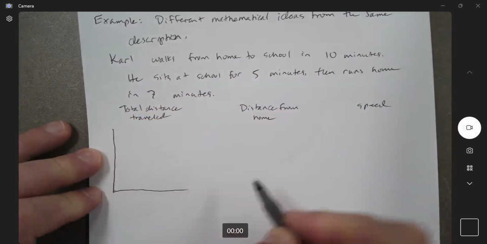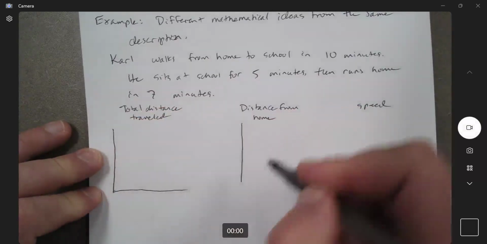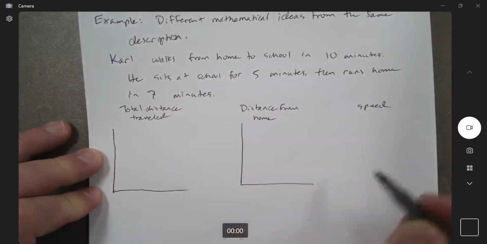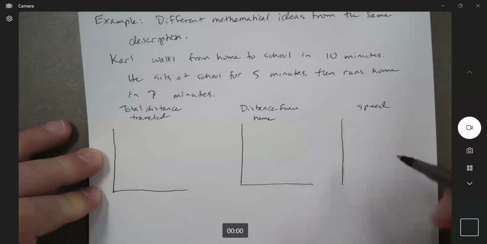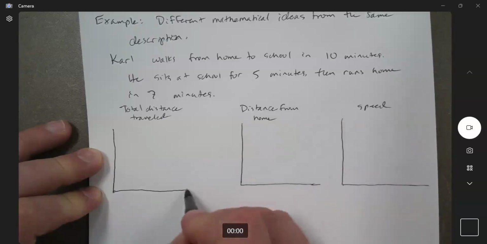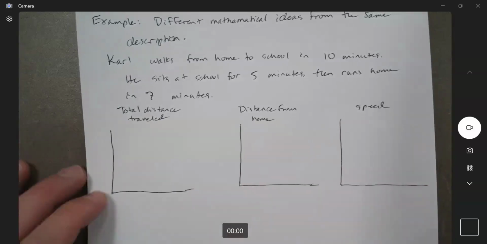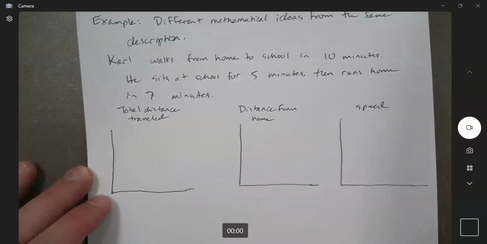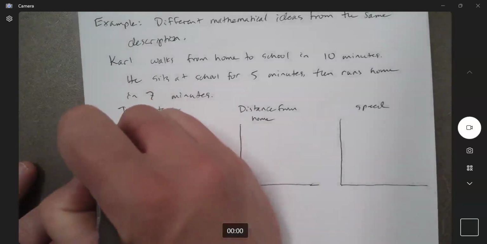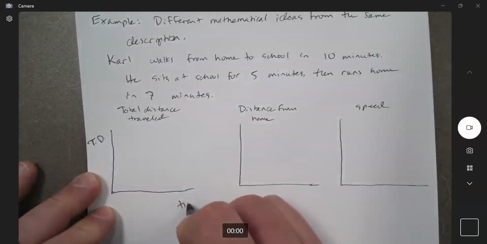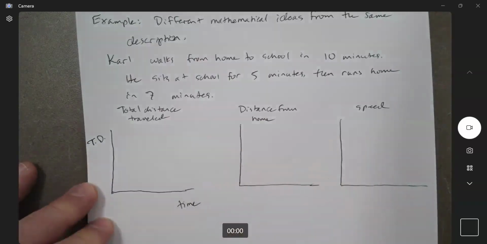And part of what you need to do when you're extracting mathematical information, whether it's from a graph, a table, a formula, or words, is decide what mathematical information am I extracting. So let's do the total distance traveled, total distance and time. We'll do that first because that's what we've already done.